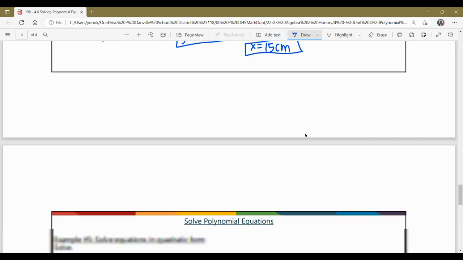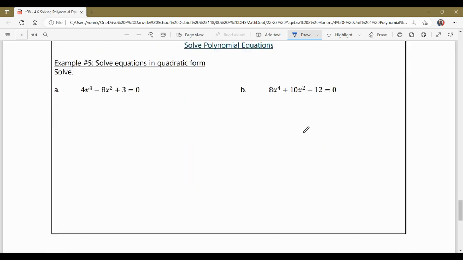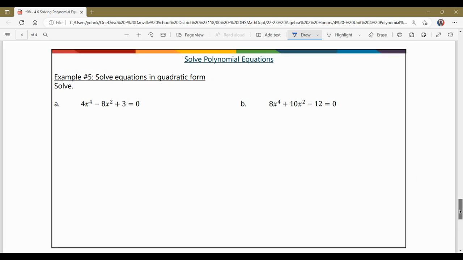Okay, let's move on to solving equations in quadratic form. Okay, so in letter A, we're going to take a look at this, and first we notice that there are fourth powers, squared powers, and no powers. So if I think about this problem as like 4x squared minus 8x plus 3, we would factor using guess and check.